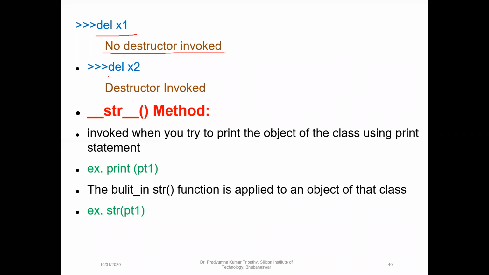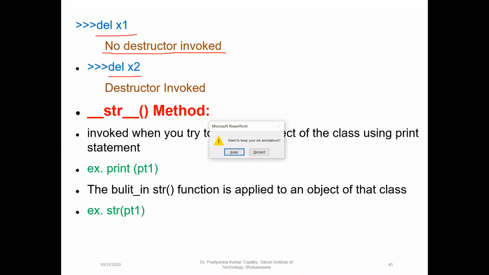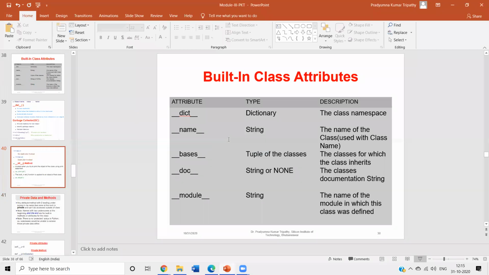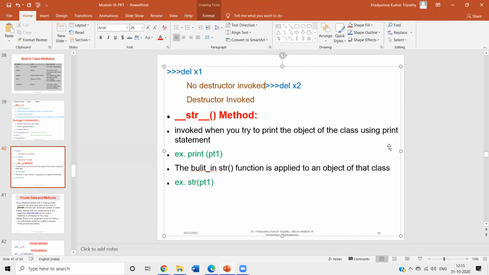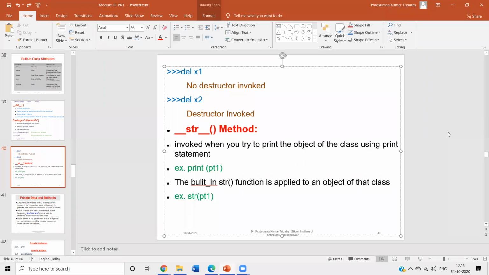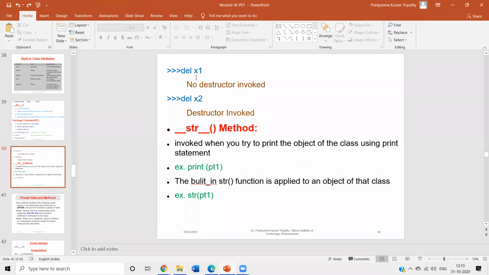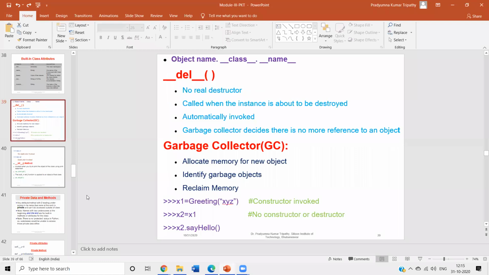But the moment you write delete x2, what will happen? It means none of the pointers is pointing to that memory location. When you write delete x1, x1 and x2 were both pointing to the object created for the Greeting class object.